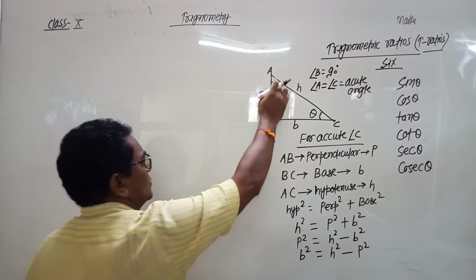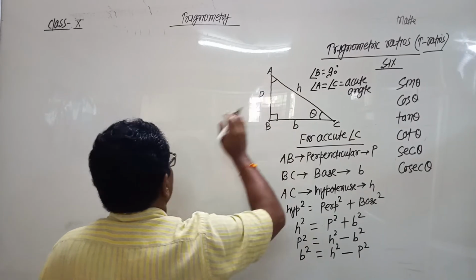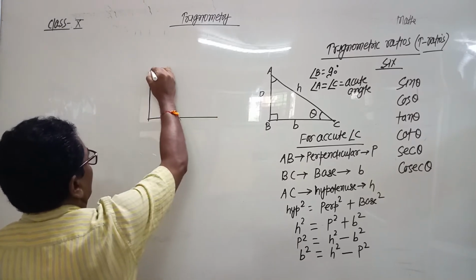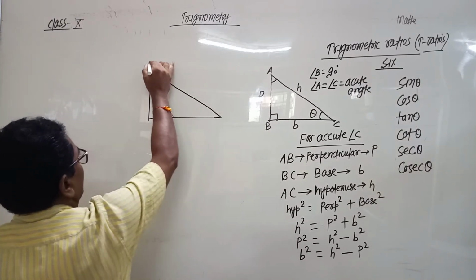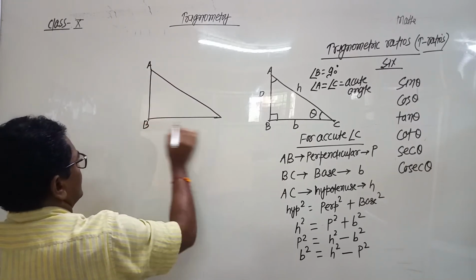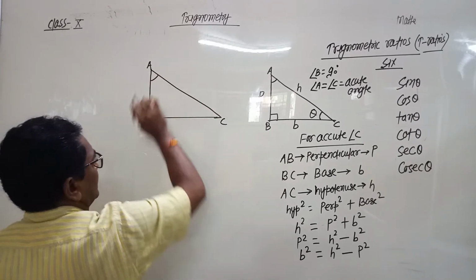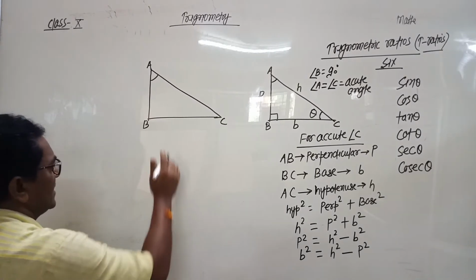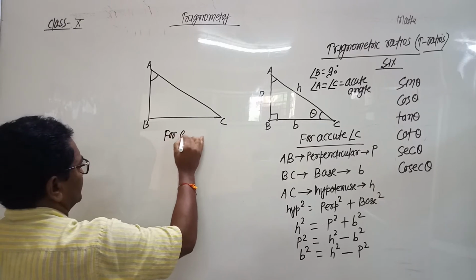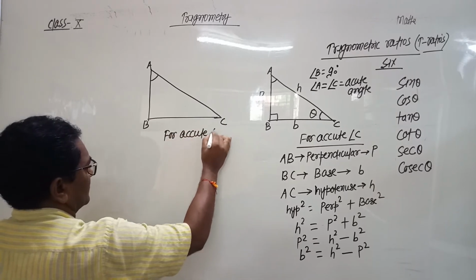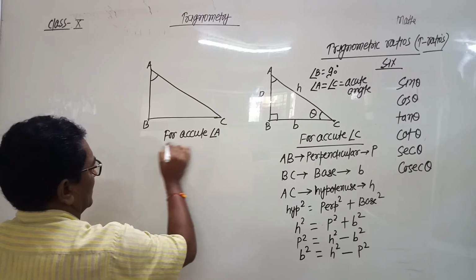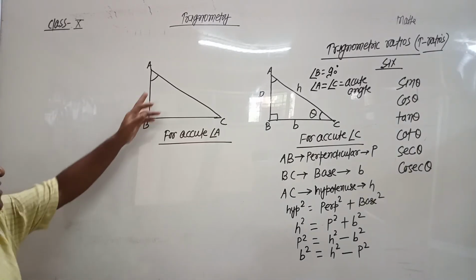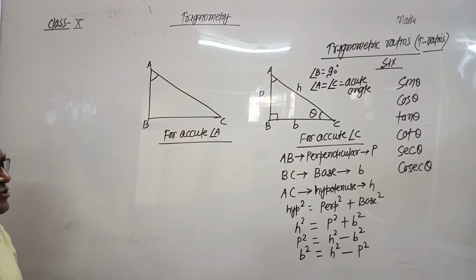Now we will talk about the acute angle A. So for acute angle A, the side just in front of the acute angle is called perpendicular.